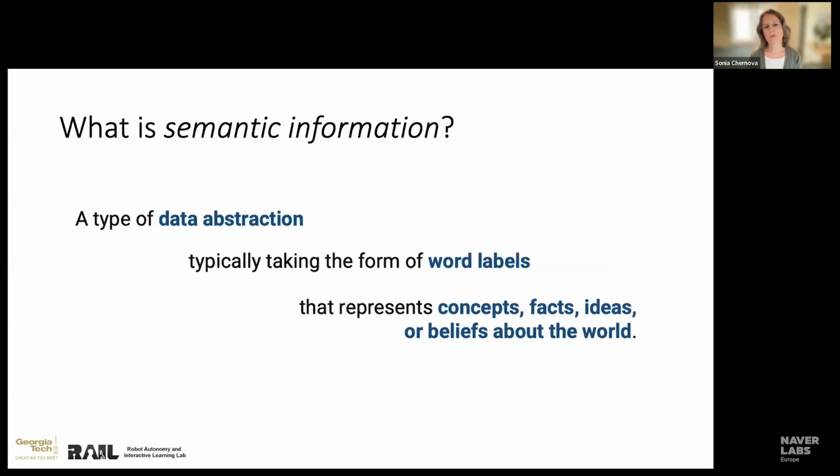And this idea of word labels is really important because now we've taken low-level sensor data and made it accessible through language to humans. So not only is it more interpretable, but we may be able to use it to communicate with users as well, which is something I'll touch on at the end.